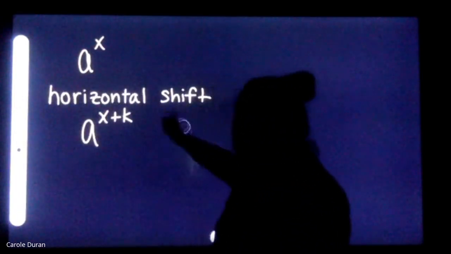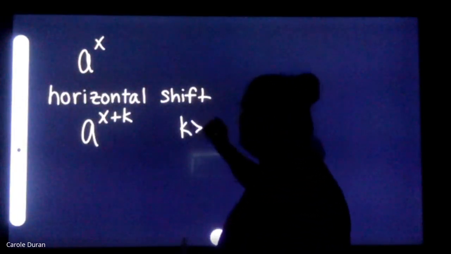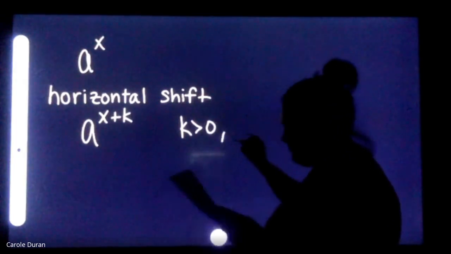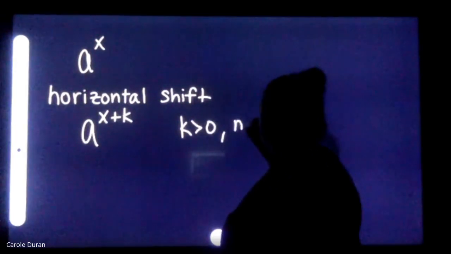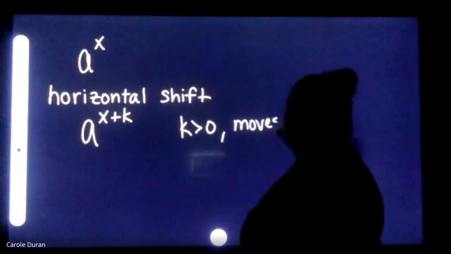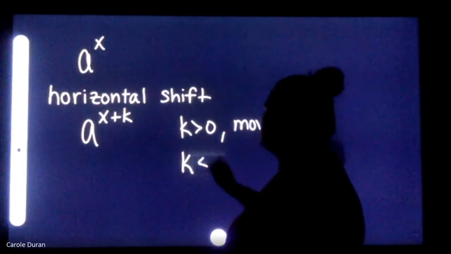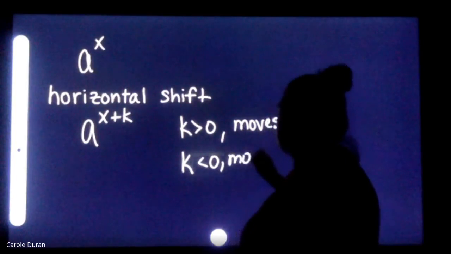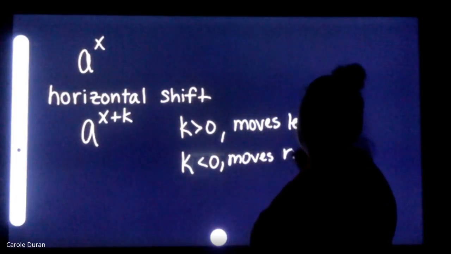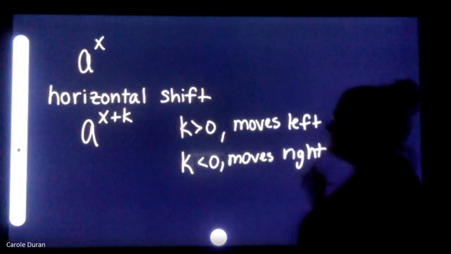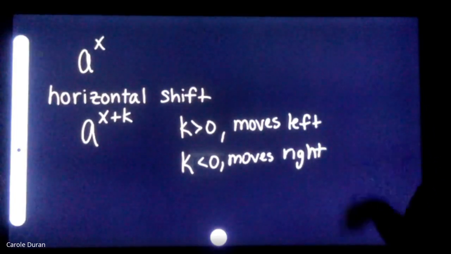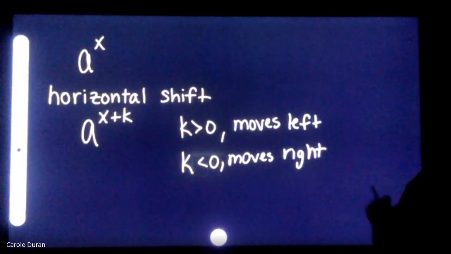If this k value is positive, so greater than 0, it would be a shift left. If that k value is less than 0, it would be a shift right. Okay, so the property still stays the same. It's just the placement of the number that is different.